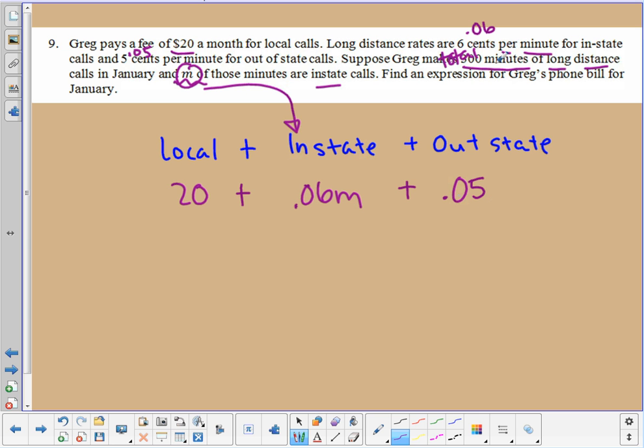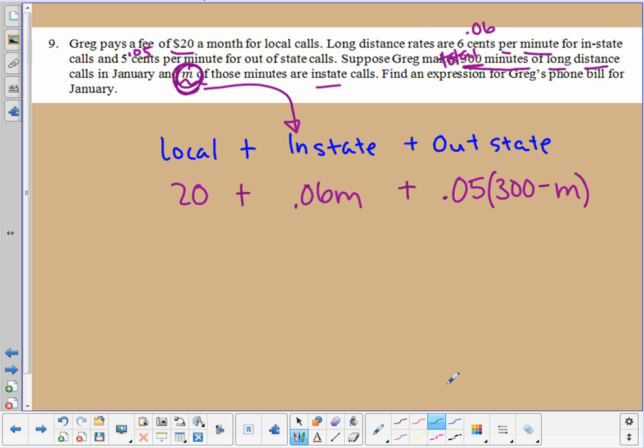We do, however, know the total was 300. So if I take the total and I subtract the in-state, that should give me the out-of-state. Total minus in-state is out-of-state for the long-distance calls. So in parentheses, I'm going to take the total and subtract the in-state minutes. That's the expression that I have to work with.